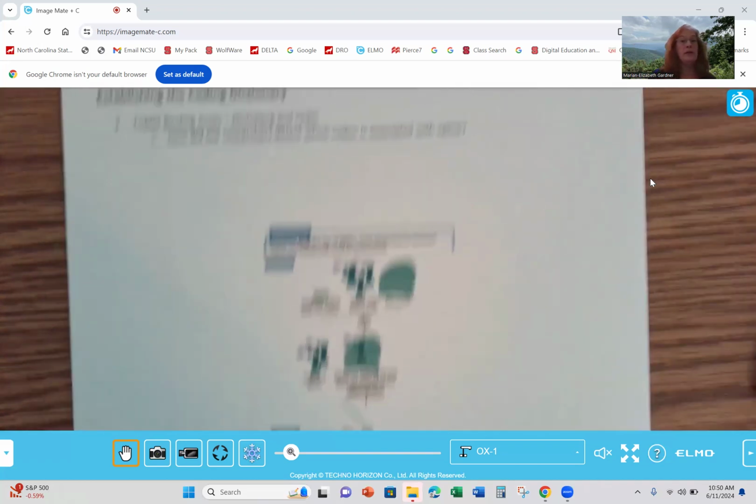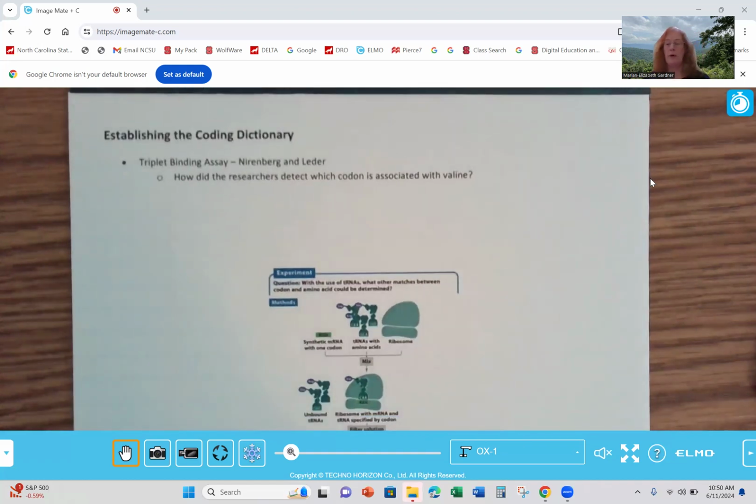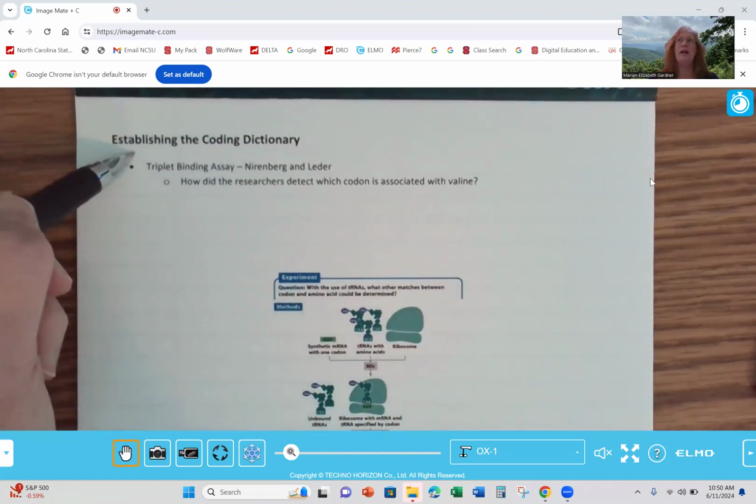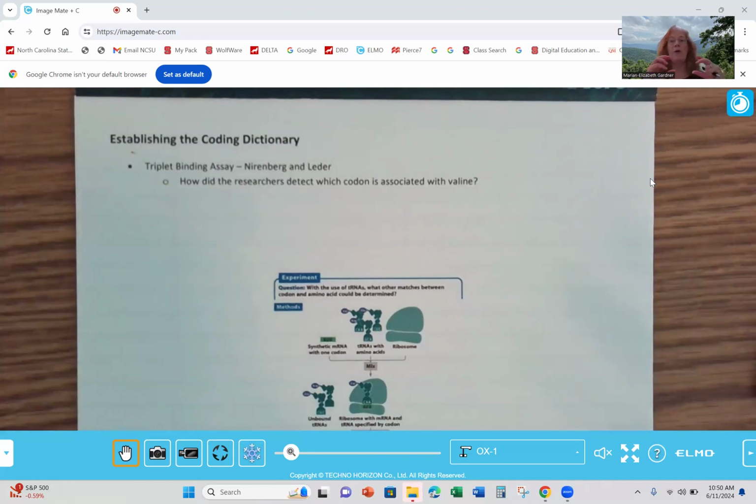So after the messenger RNA is in the proper form for translation, it can go out into the cytoplasm and translation can occur. Before we look at the actual process of translation, let's look at the genetic code, because somehow the sequence in the messenger RNA, which is in RNA nucleotides, has to be translated into the sequence of amino acids to form a protein.